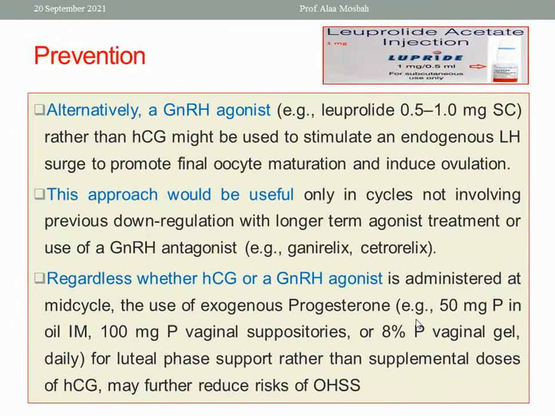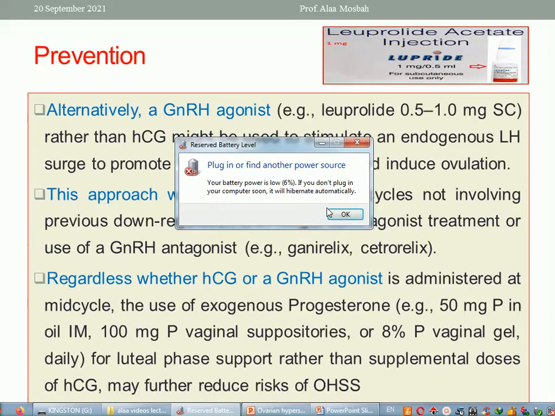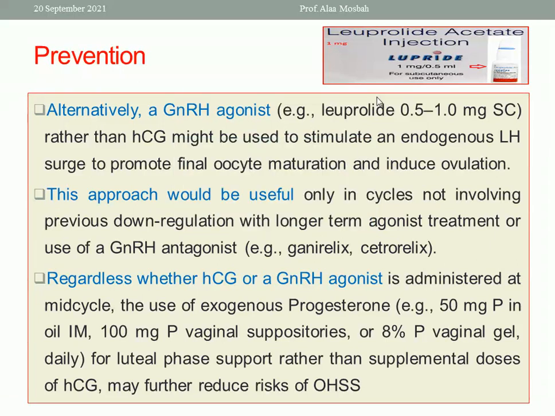A GnRH agonist like leuprolide 0.5 milligram up to 1 milligram subcutaneous, rather than HCG, might be used to stimulate an endogenous LH surge to promote final oocyte maturation and induce ovulation. This approach would be useful only in cycles not involving previous downregulation with longer-term agonist treatment or use of a GnRH antagonist.